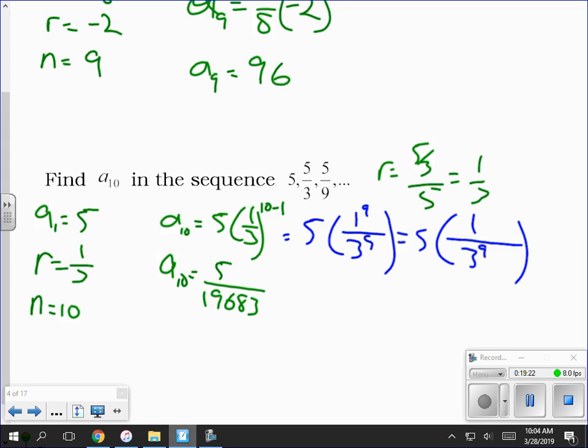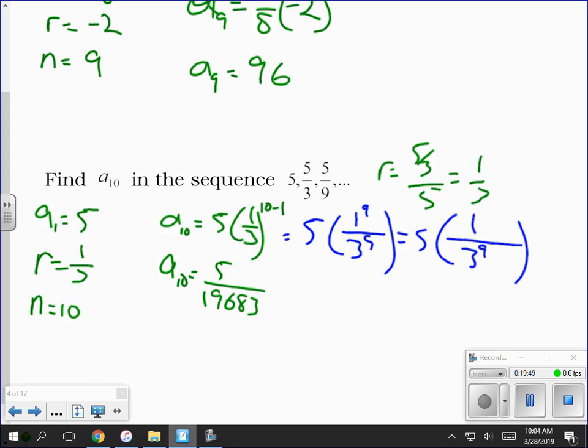Do you see what I'm saying here? Just do the denominator on your calculator. And if your numerator was something other than 1, let's say it was 2/3, do 2 to the 9th power on your calculator, do 3 to the 9th power on your calculator, and write down those two numbers, because you can do it in parts. You don't have to try to do the whole thing at once. Okay, does that make sense?